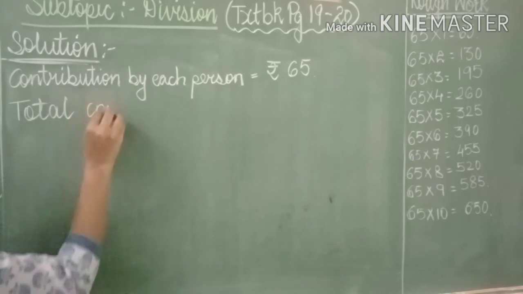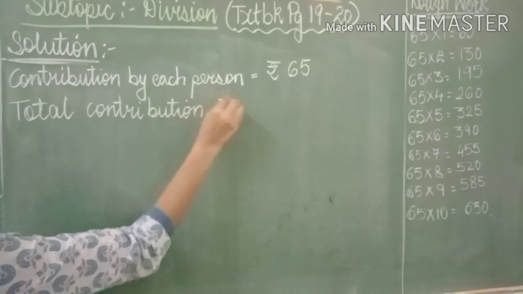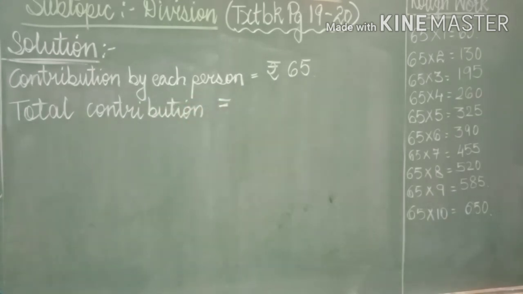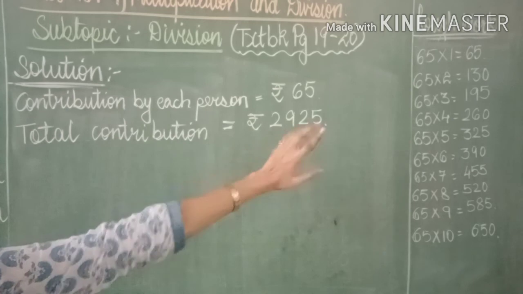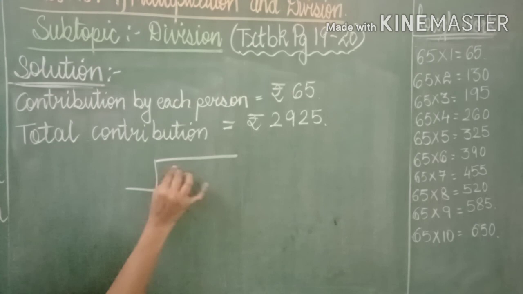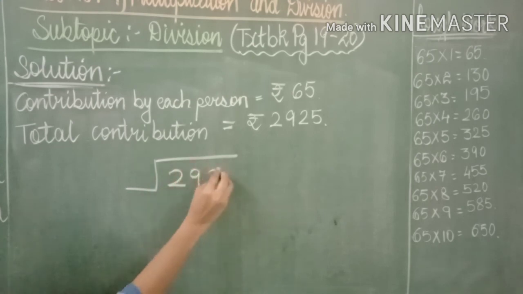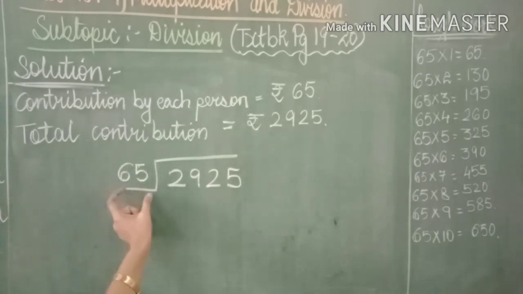What was the total contribution? The total contribution was rupees 2,925. Now we have to find out how many persons contributed for the picnic. So we will be writing 2,925 divided by 65.